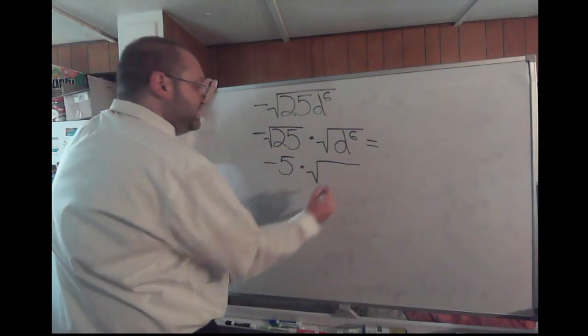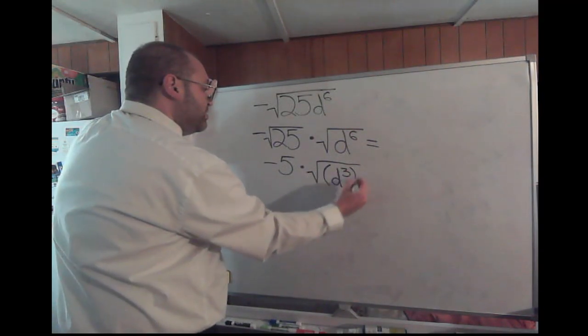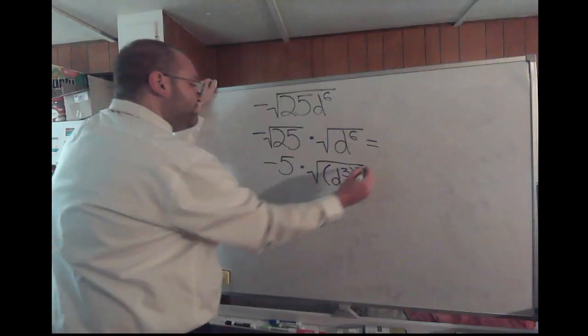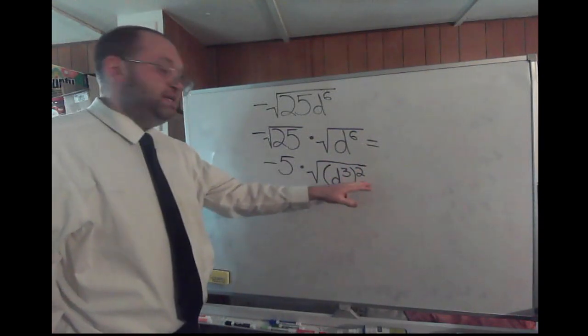Isn't it true that d to the 6th is the same as d to the 3rd raised to the 2nd power? If you think about it, d to the 3rd to the 2nd power is going to be d to the 6th.